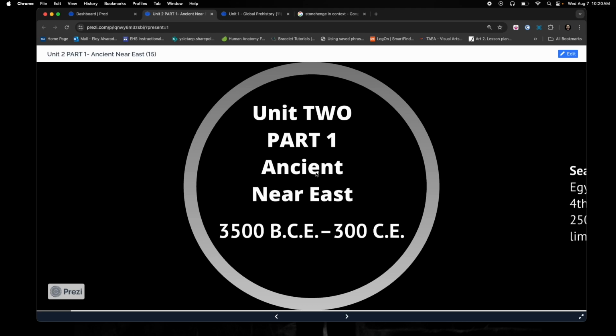So let's just start to get into it. What you need to know is that ancient Near Eastern art takes place mostly in what we know as city-states. Are you guys familiar with the concept of city-states? They have their own sovereignty. Like if El Paso was a city-state, we would have a lot more control over what we do in the municipality that we inhabit.